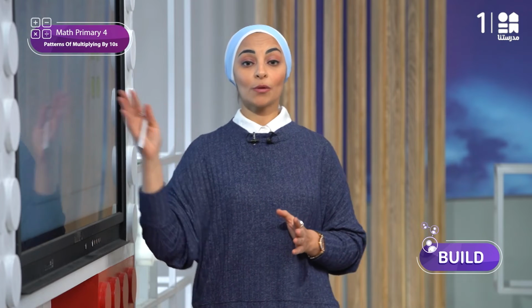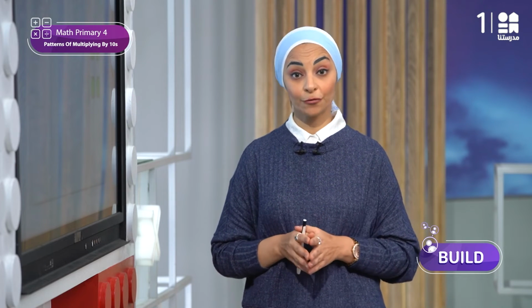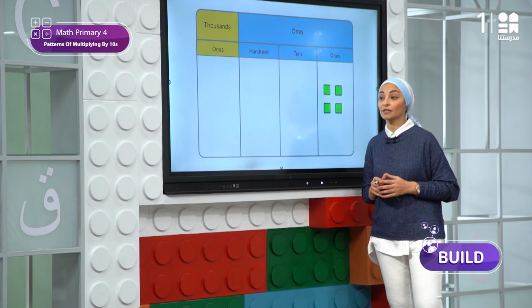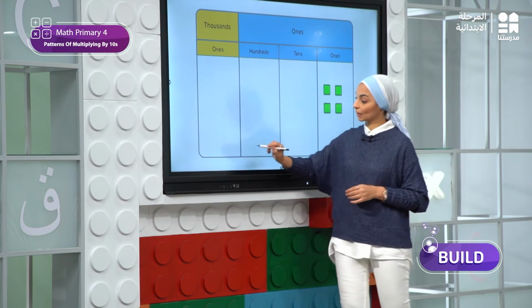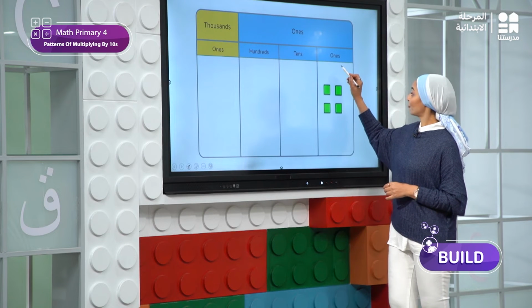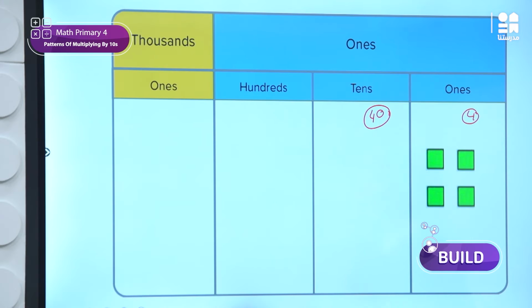Okay, what about the tens? In problem 2 we have 10 times 4. Okay, this is problem 2. 10 times 4 gives me 40. Let's write it first. So here I have 4 tens and here I have 40. How can I represent 40?